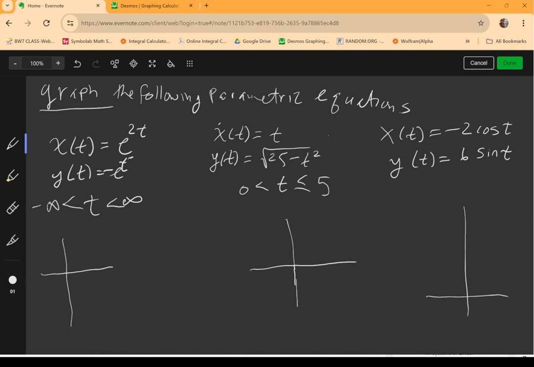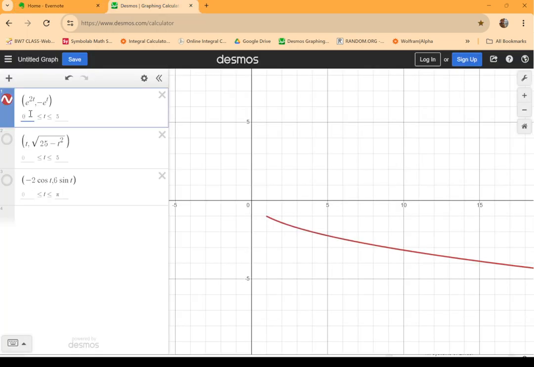For this one, I want t to go from 0 to pi. Obviously it doesn't take infinity, but we can play around with numbers, let's say negative 50 to 50 here.